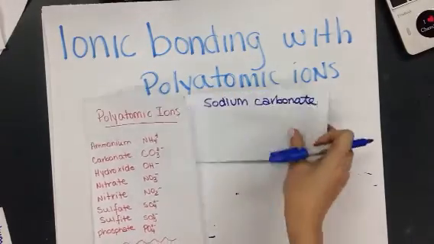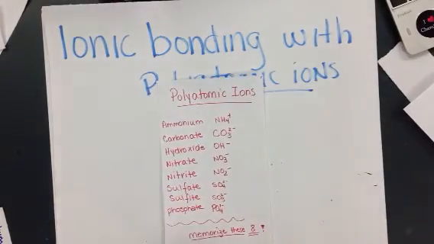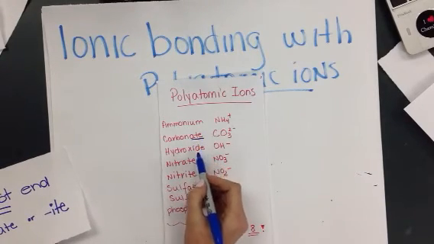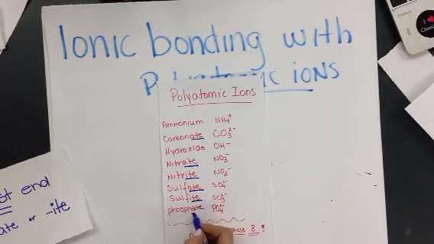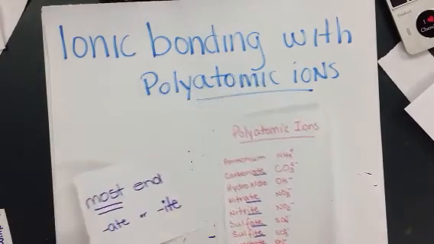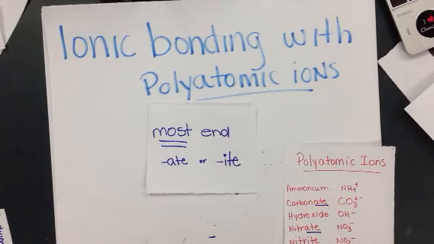So some good things to note are most of the polyatomic ions, not all, most end in ate or ite. Do you notice that? So I kind of wrote this little note, most, not all, end in ate or ite. Kind of helps you know if you're dealing with a polyatomic ion.